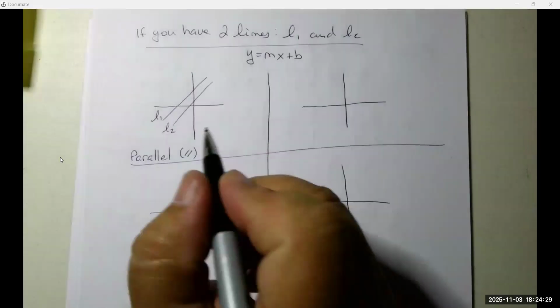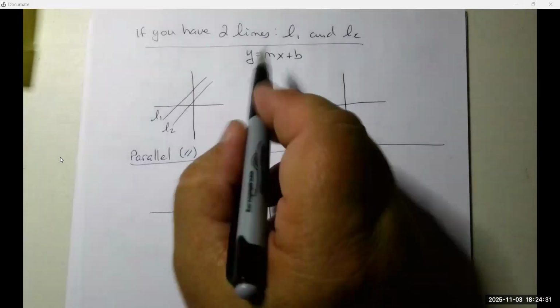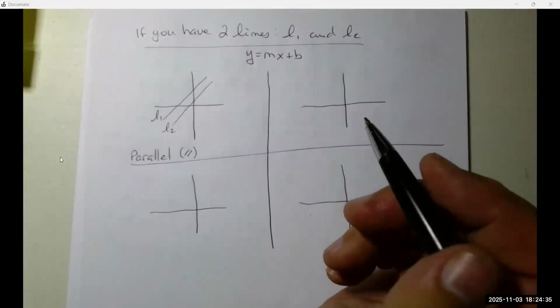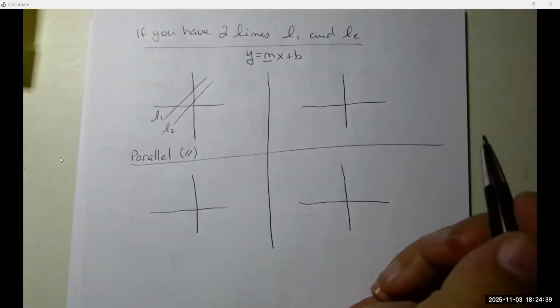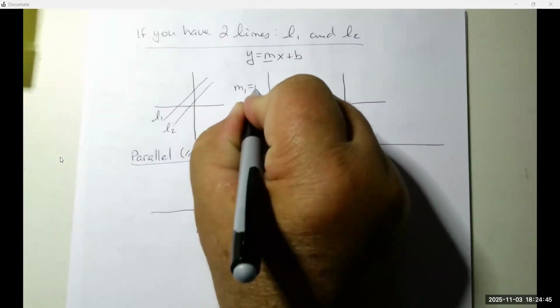If they're parallel, remember, they both have this equation. So what do we notice about them? What about their slopes? The slope of line 1 has to equal the slope of line 2.